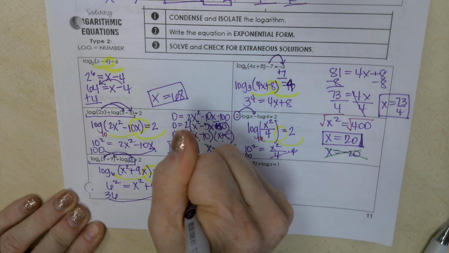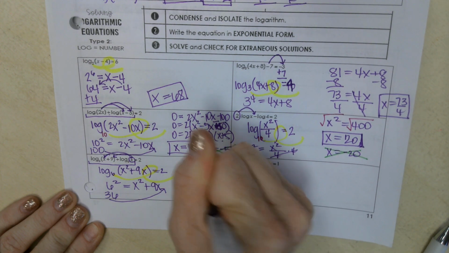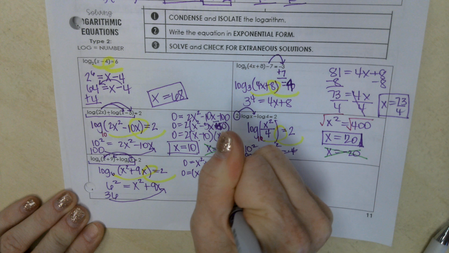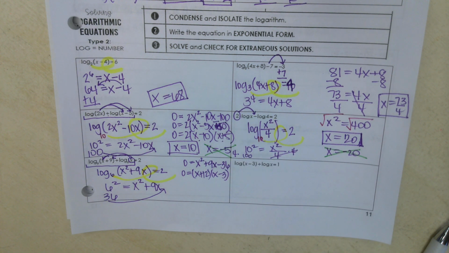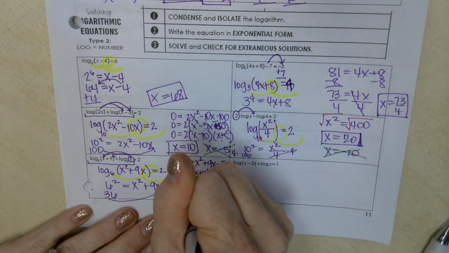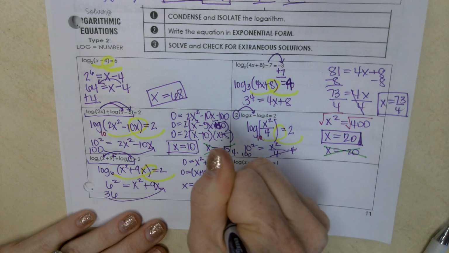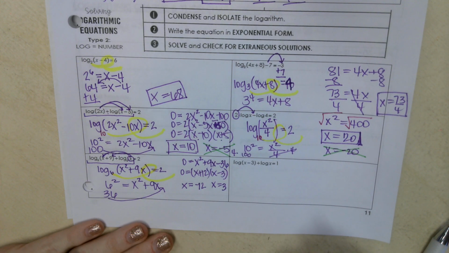I am going to factor. That gives me x plus 12 and x minus 3. 12 times negative 3 is negative 36, and 12 minus 3 is 9. So my two potential solutions are negative 12 and positive 3.